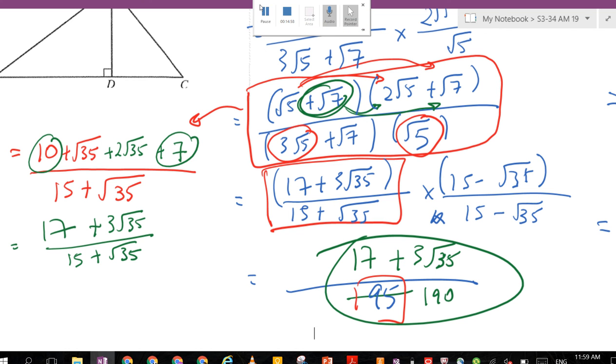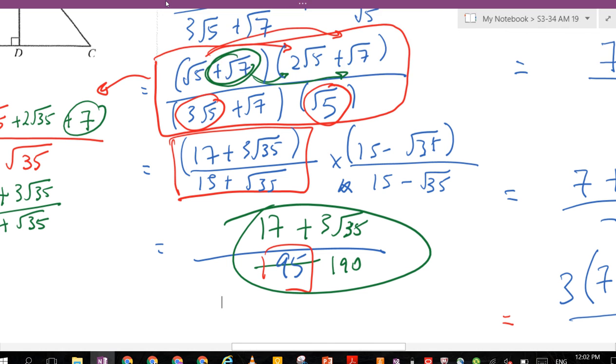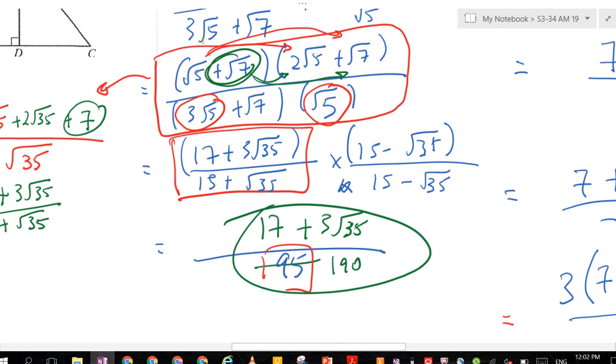Can I pause the video here? Let me highlight what is correct. This is correct. This is correct. But itself is wrong because I forgot to put in this. Okay, so still correct, but my fault.